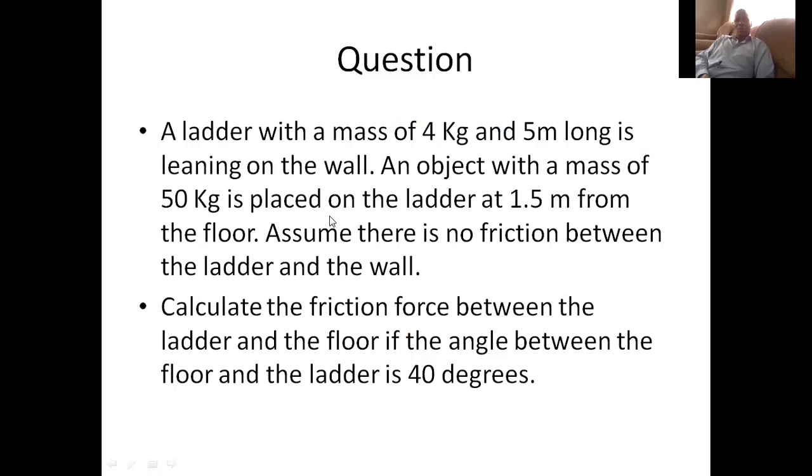The second part of the question is the same question which we discussed earlier, but now what has changed is the angle. The angle between the ladder and the floor has increased from 30 degrees to 40 degrees.